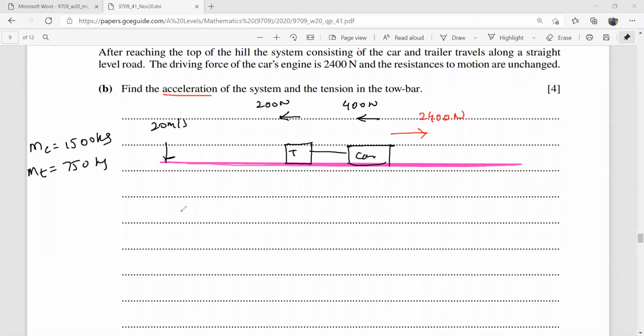So the forward force is 2400 minus the backward force, that is 600. Total mass, what is the total mass? That is 2250 times the acceleration. So this is 1800 over 2250. That is the acceleration.